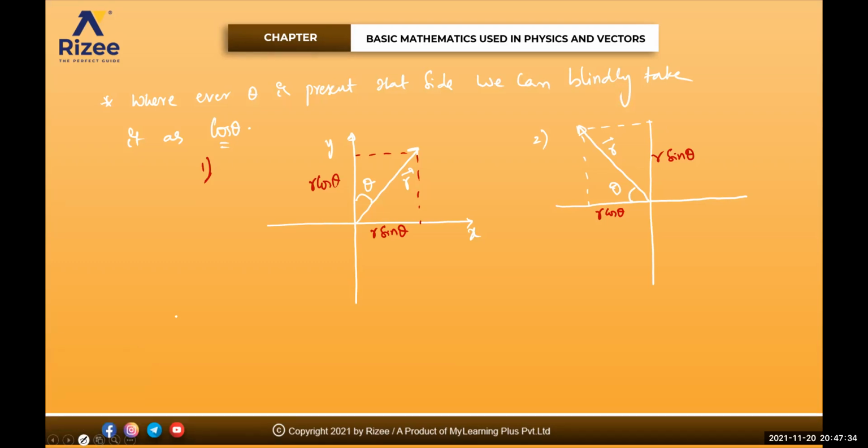This one. Which side is cos theta, which side is sin theta? At y is cos theta. Yeah, this is cos theta or sin theta. Chalo, very good.